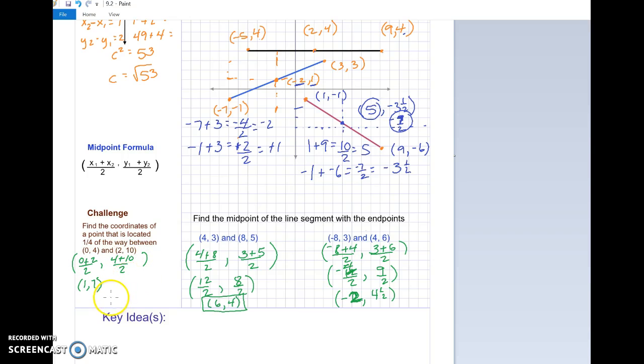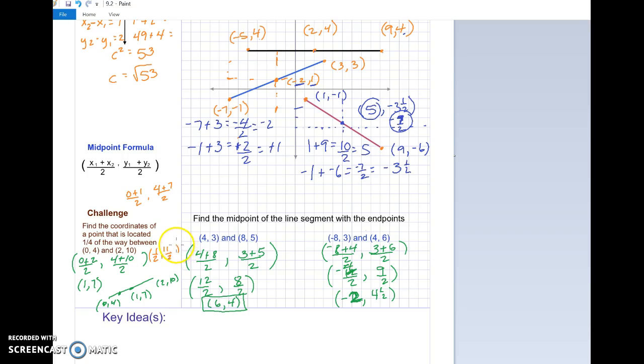So here's my line. Here's 0, 4. Here's 2, 10. And I've just found the midpoint, which is 1, 7. So if I want to find 1/4 of the way between, that means I want to find like right here. What's this point? So all I have to do is find the midpoint again between 0, 4 and 1, 7. So see if you can figure that one out.